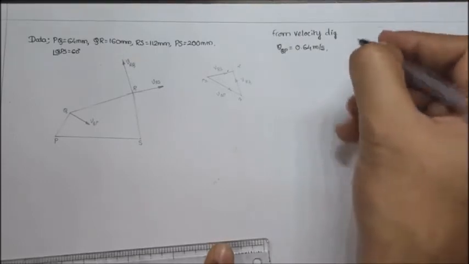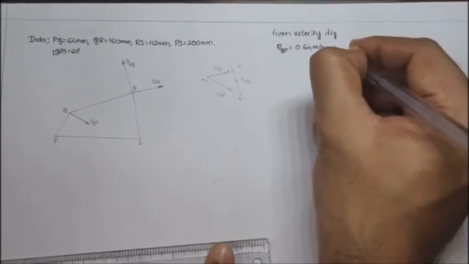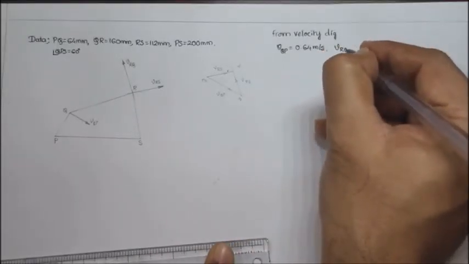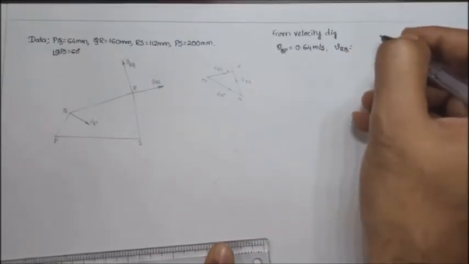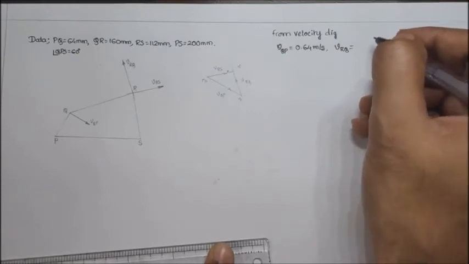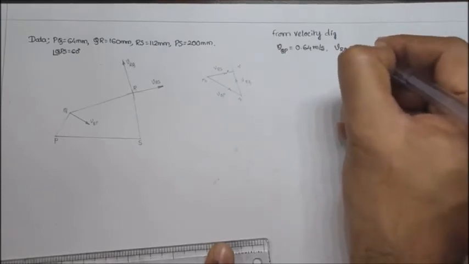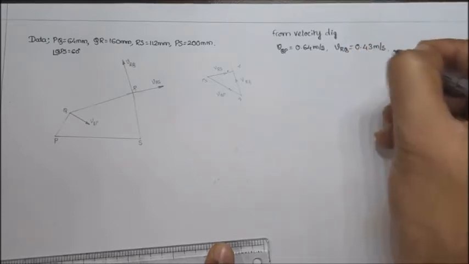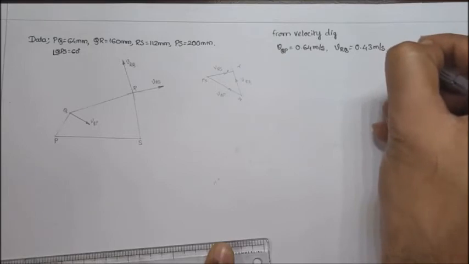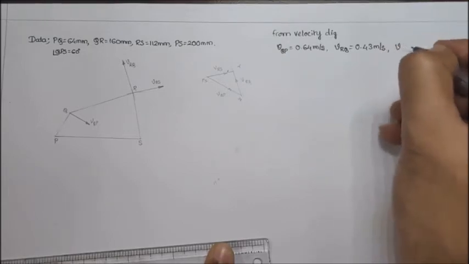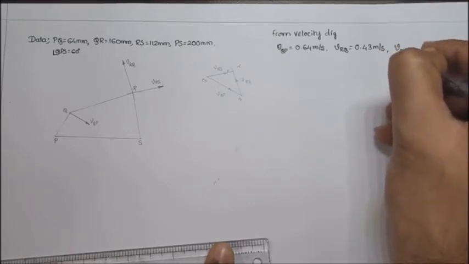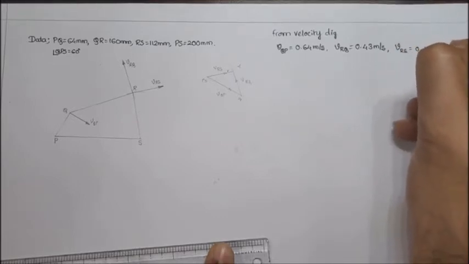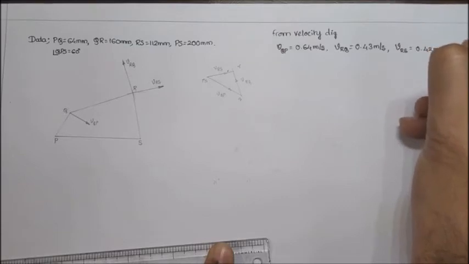Then we require velocity of R with respect to Q, that is what we had got, 0.43 meter per second. Then we require velocity of R with respect to S, that is equal to 0.42 meter per second.